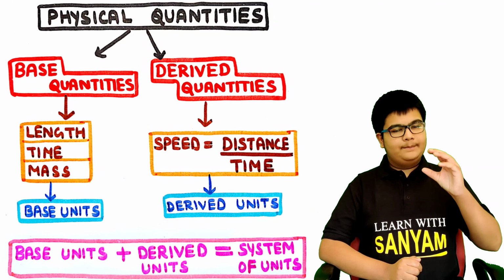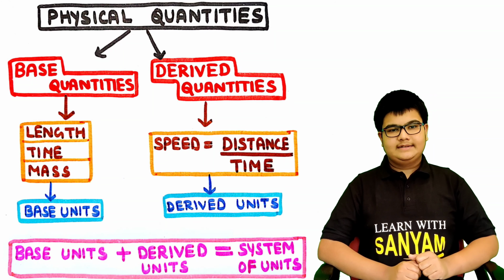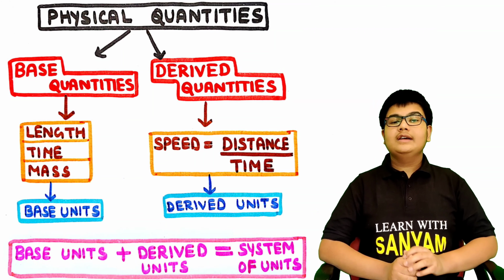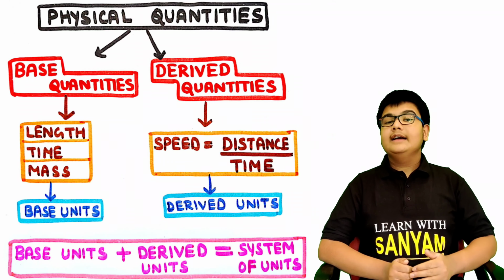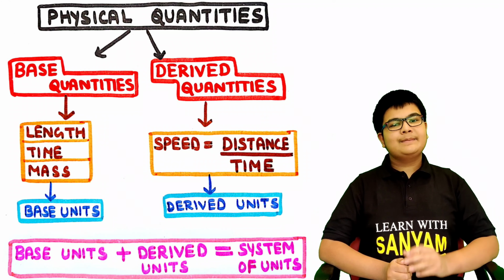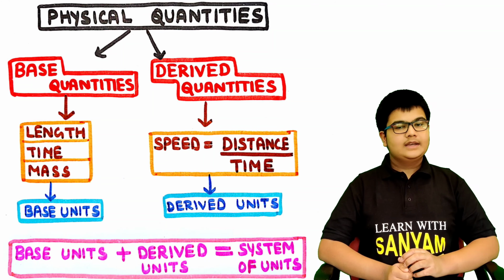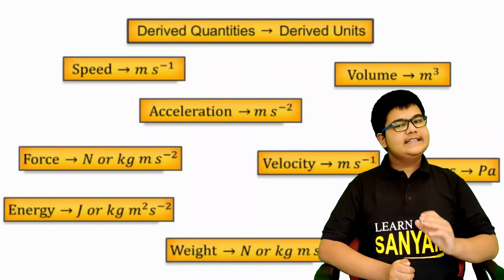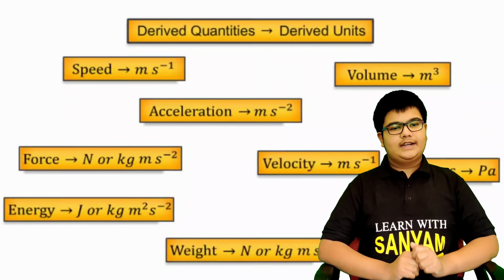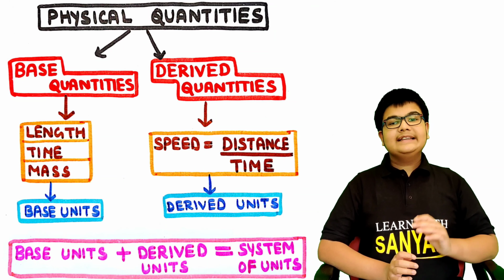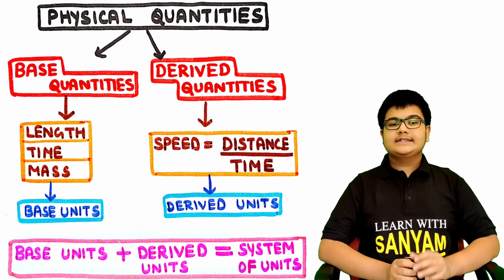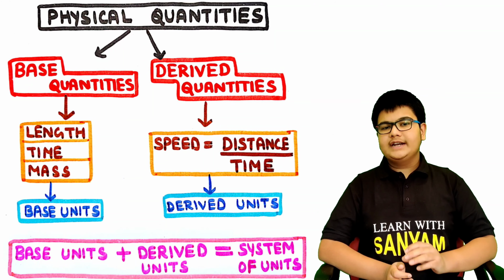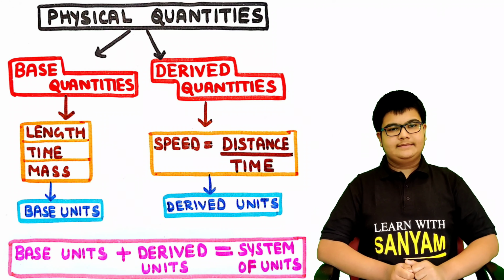And the units of base quantities are called base units. The quantities which are expressed using these base units are called derived quantities, like speed. Speed can be expressed by distance upon time, so it is a derived quantity. The units of these derived quantities are called derived units. Now, the complete set of base and derived units is called a system of units. So basically, base units plus derived units form a system of units.